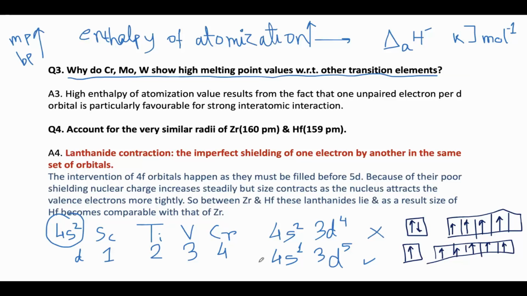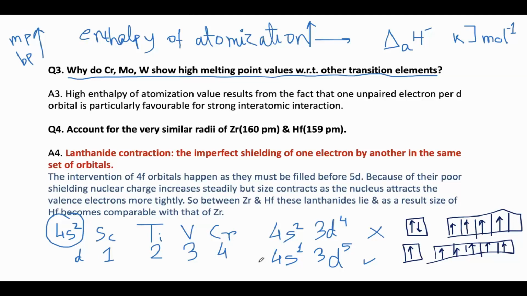Why is it so? Here the stability of the half filled or the full filled orbital comes into the picture. While I taught you about the S block elements, and the P block elements also, I told you about the stability gained by the configuration where the orbitals are either half filled or full filled. So how can it be applied here?